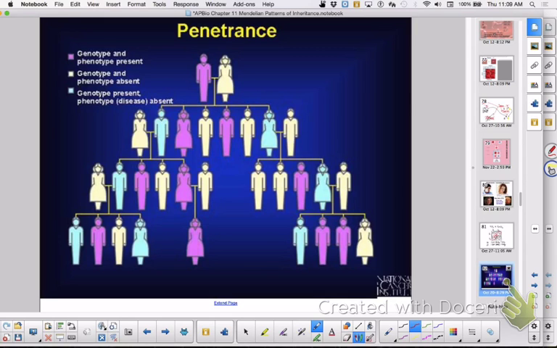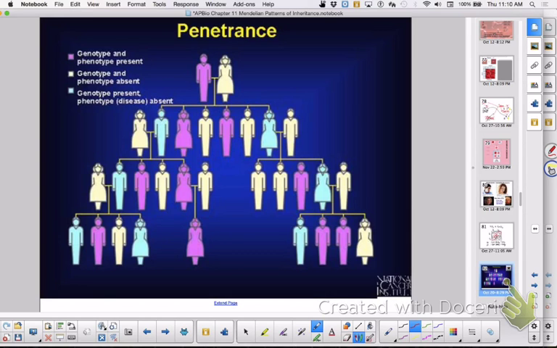But in the green, the genotype is present for the disease, but the phenotype is not there. So in this case, the dad up here at the top has the disease and the mom does not have the disease. And their genotypes and phenotypes show that. But they had children.